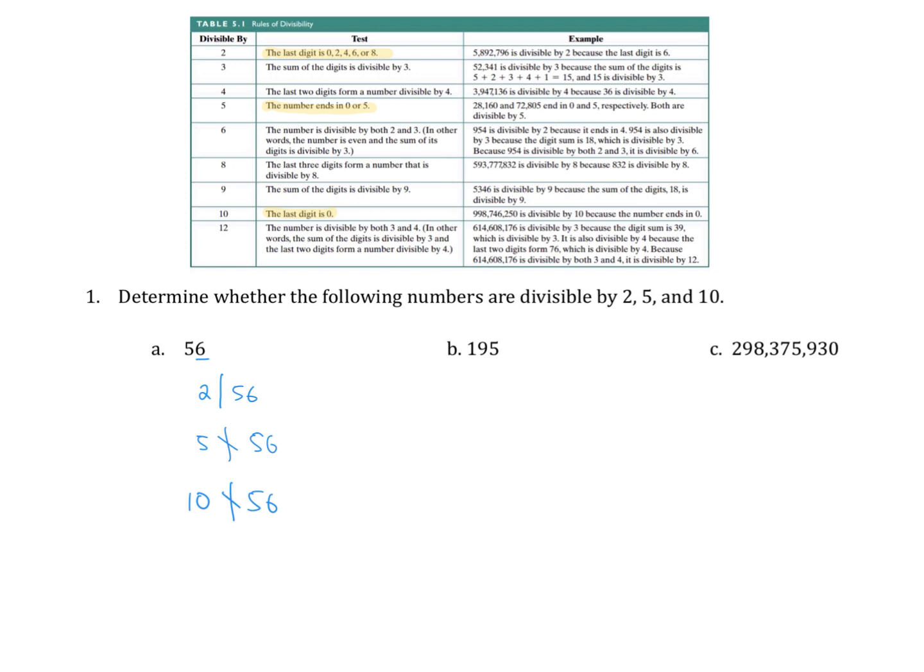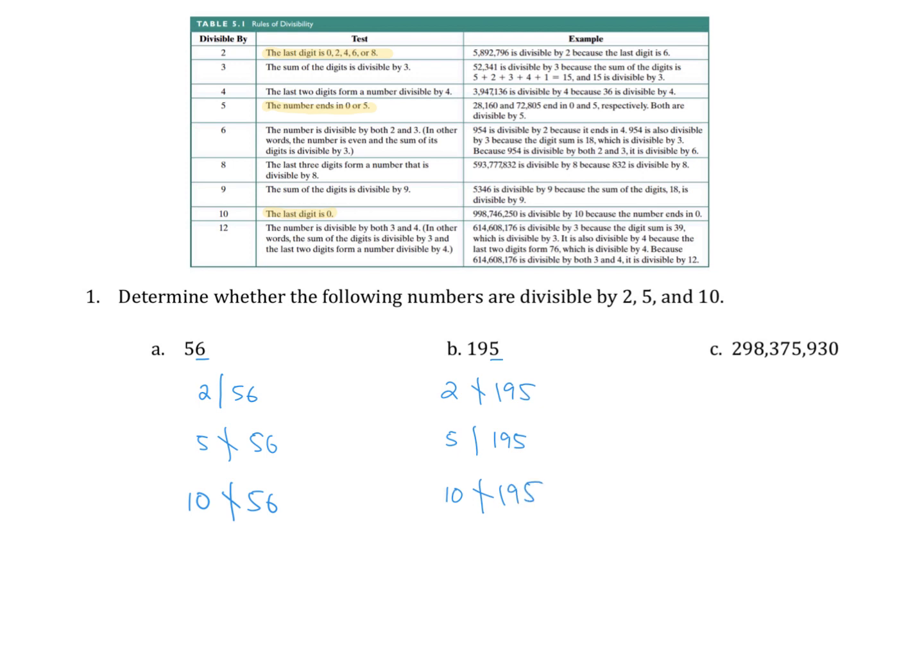Moving on to the next one, it ends in 5, which is not an even number, so 2 does not divide 195. Since it ends in 5, 5 does go into it, so 5 divides 195. It doesn't end in 0, so 10 will not divide 195.